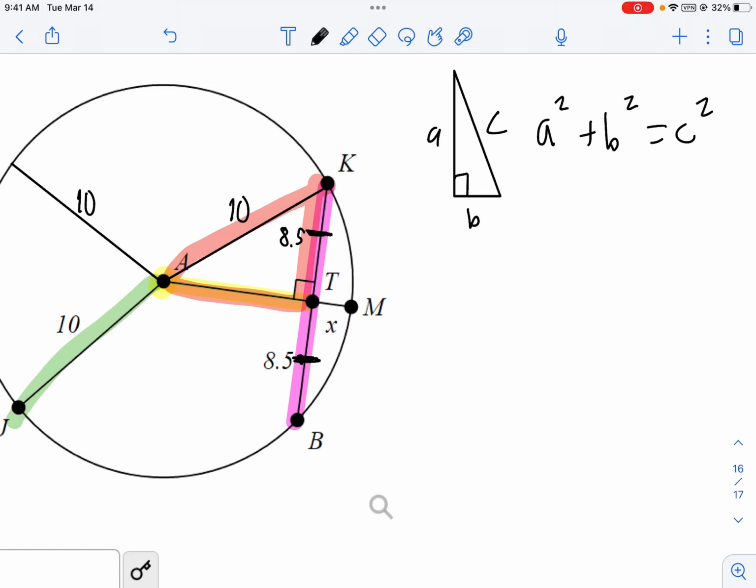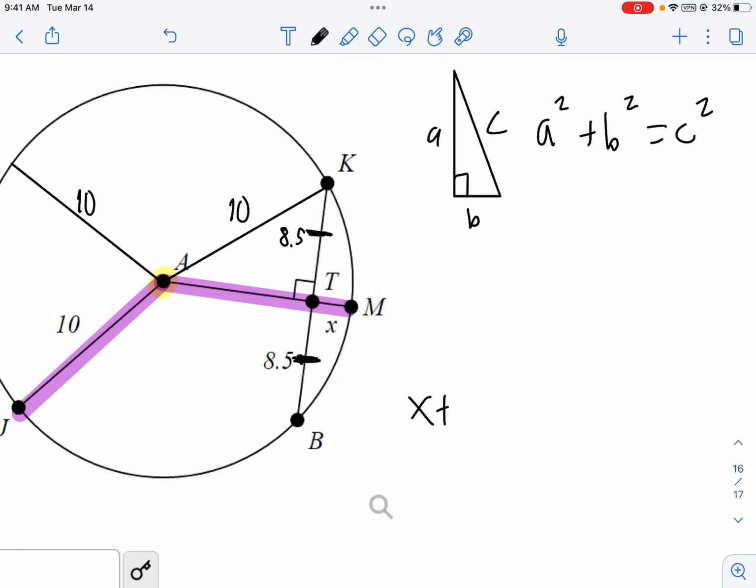Now, the reason why we want to use the Pythagorean theorem here is to look at where your x is. It's that distance right there. So let me take out some of these highlighters to make it a little easier to see. Would you agree that from the center to the outside of the circle is a radius? That means it's going to be the same distance, 10.